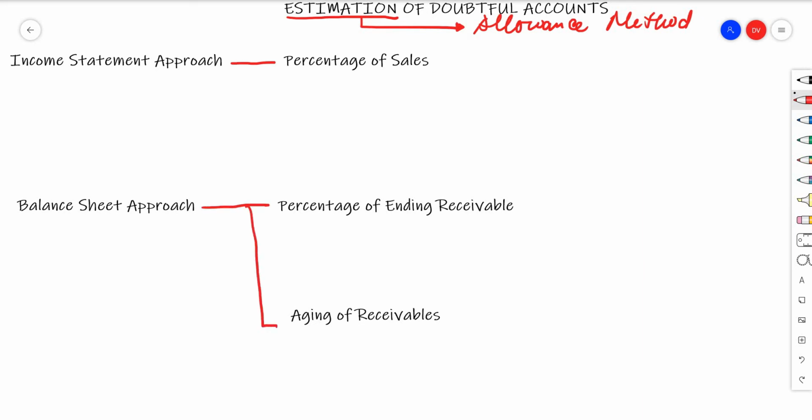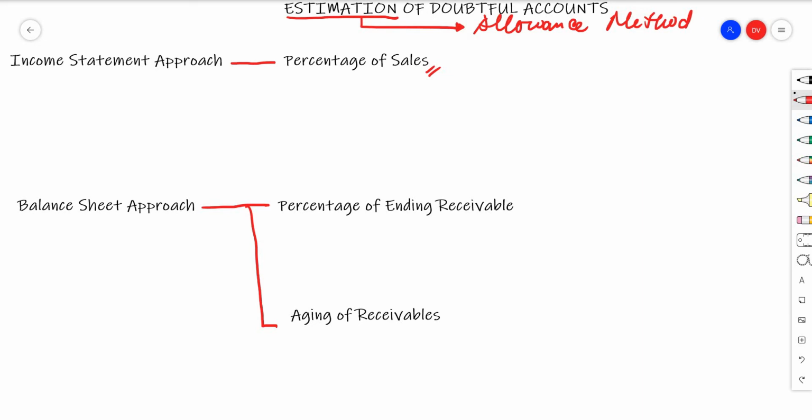Okay? So, when we say income statement approach, we derive the estimate of doubtful accounts through the usage of percentage of sales. This means that the estimation of doubtful accounts is estimated using a rate. Okay? Percentage. So, you will use a percentage. It can be 2%, it can be 5%, it can be 10%. It depends on the company how many percent.